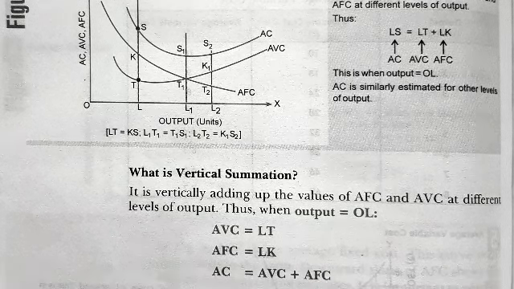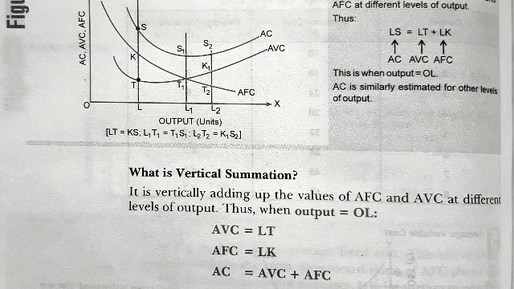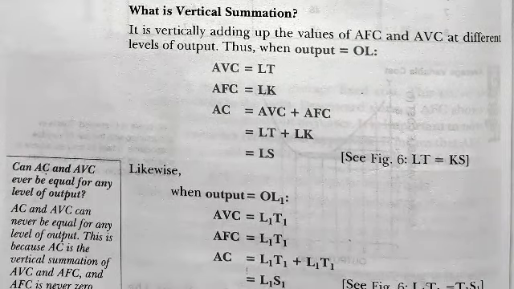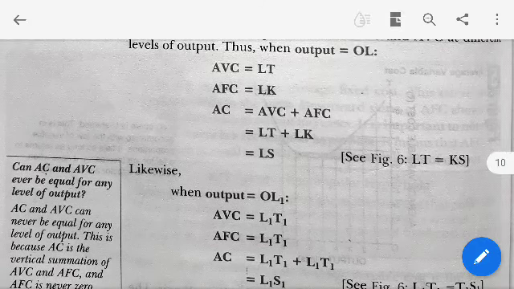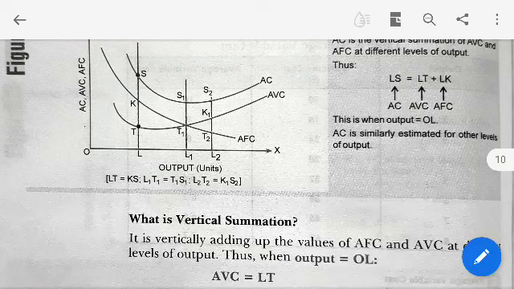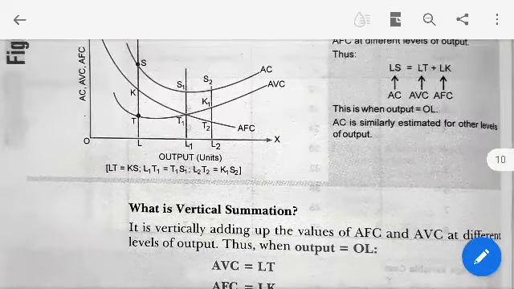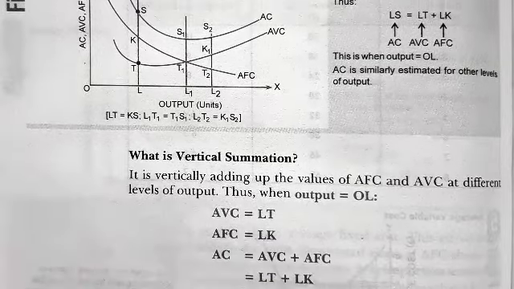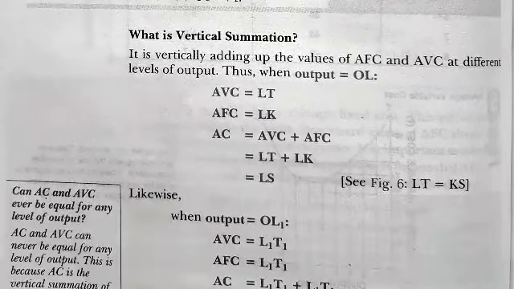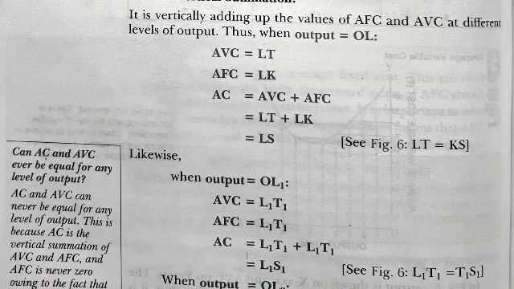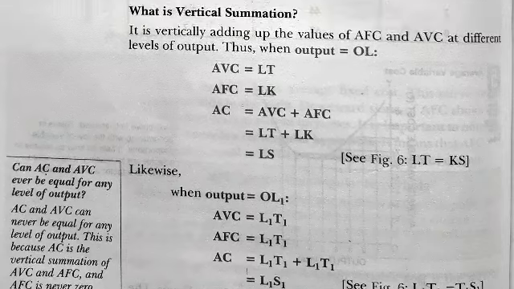Now average cost is the summation of average variable cost and average fixed cost. You can look at this. When output is OL1, average variable cost is equal to L1T1, and average fixed cost is equal to L1T1. So average cost will be equal to L1T1 plus L1T1, which is equal to L1S1.